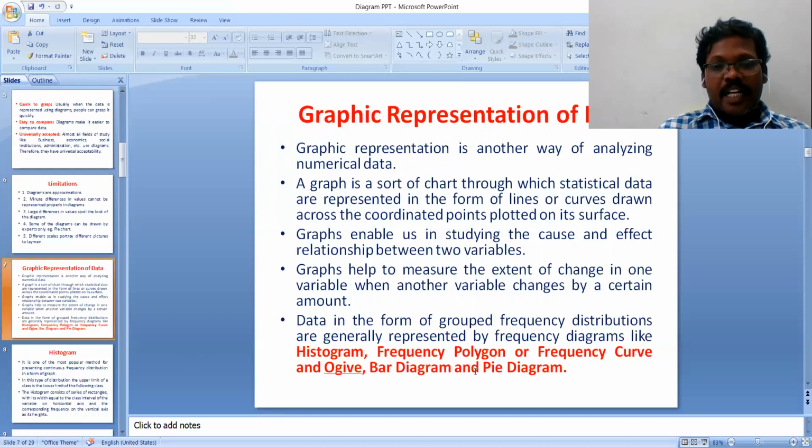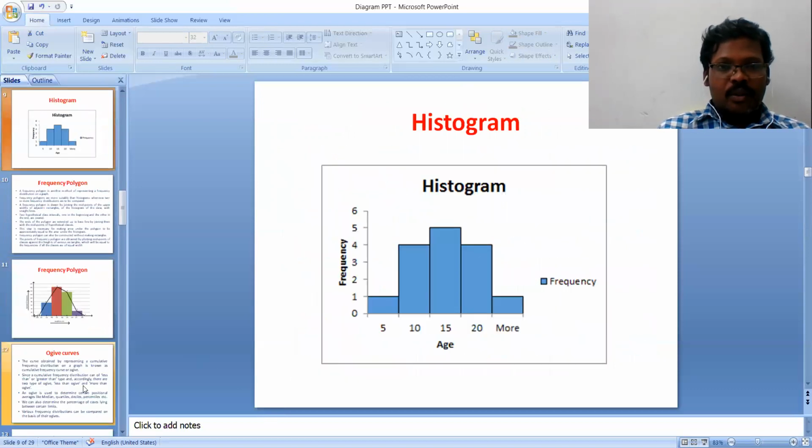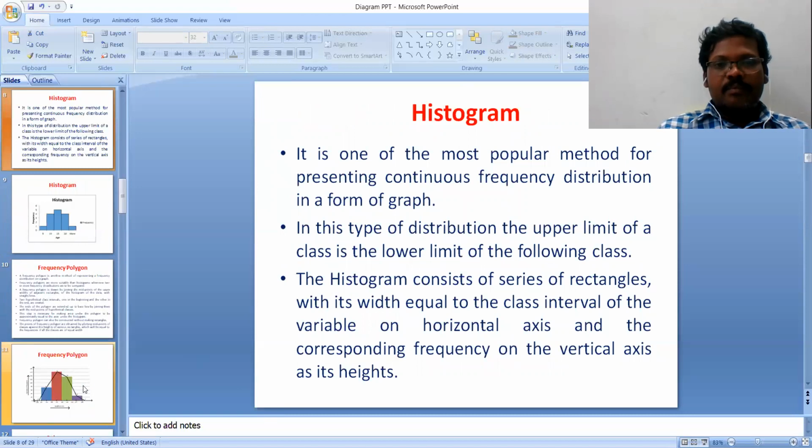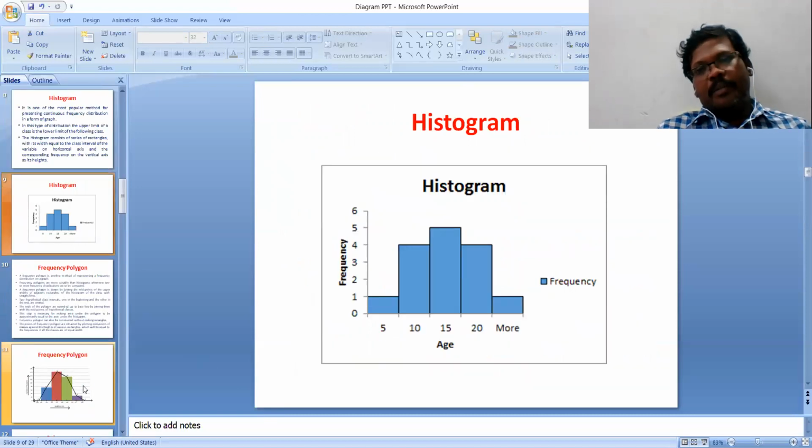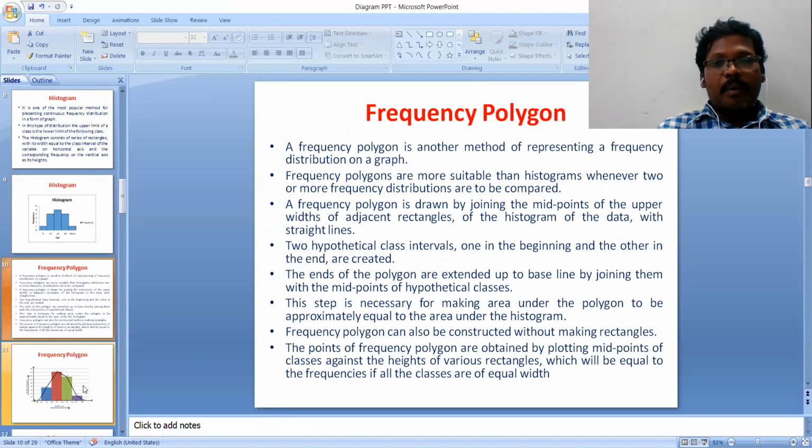In this aspect we discussed the histogram and frequency polygon. This is the shape of the histogram, there is no gap, and this is called a frequency polygon.